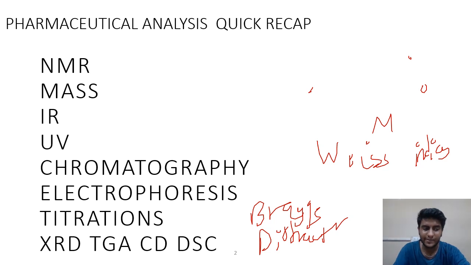Sampling techniques, especially for IR, are very important, such as the potassium bromide pellet technique. For mass and NMR I already mentioned the radio frequency oscillator and quadrupole analyzer. In mass spectrometry you mostly need to know about the peaks: base peak, fragment peak, ion peak, which is the most intense peak, and the different fissions, homolytic fission and heterolytic fission.